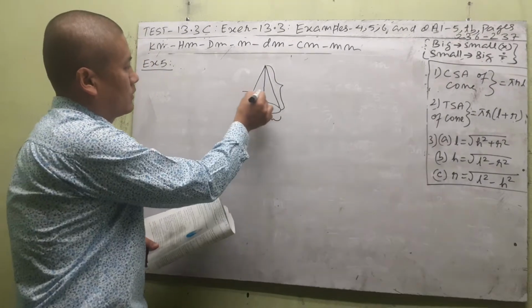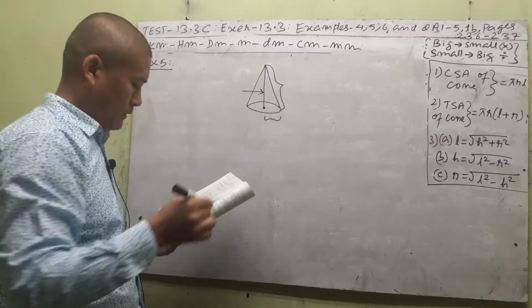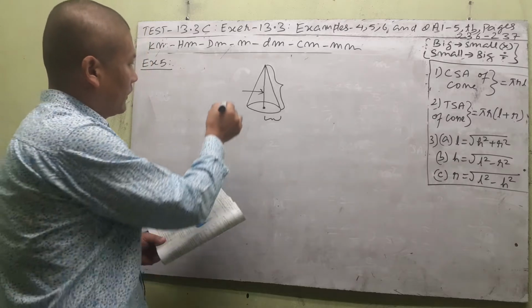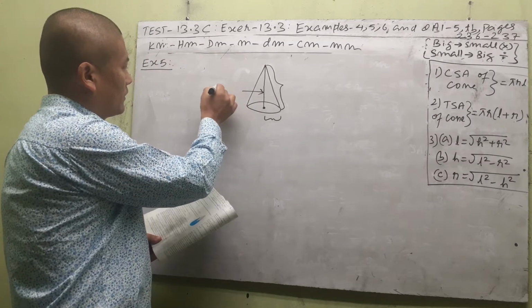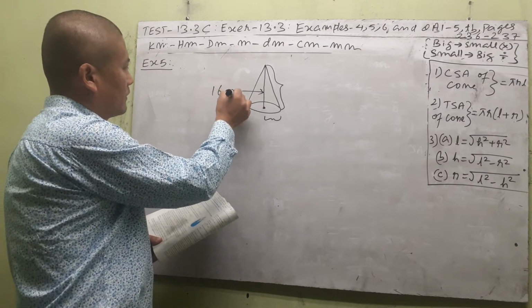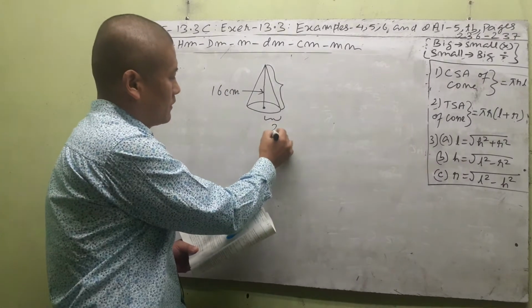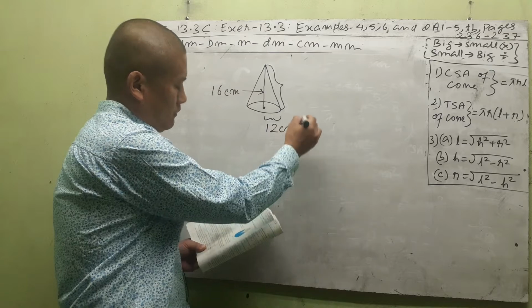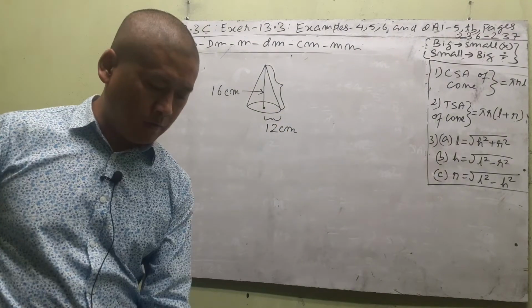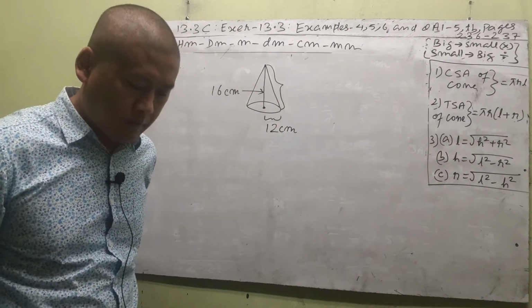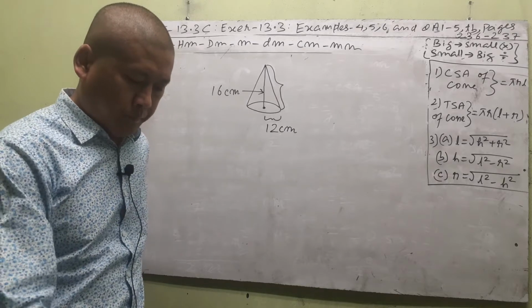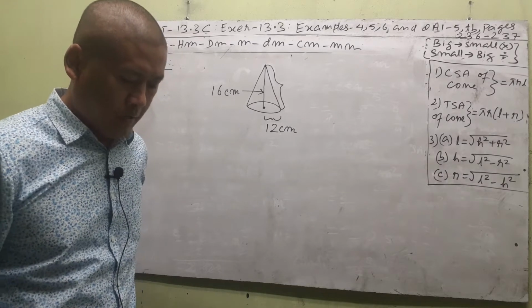So this height is given as 16 centimeter, and the radius of the base is given as 12 centimeter. We have to find the curved surface area and the total surface area using pi 3.14.